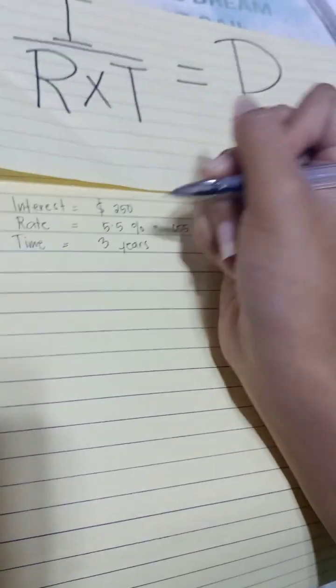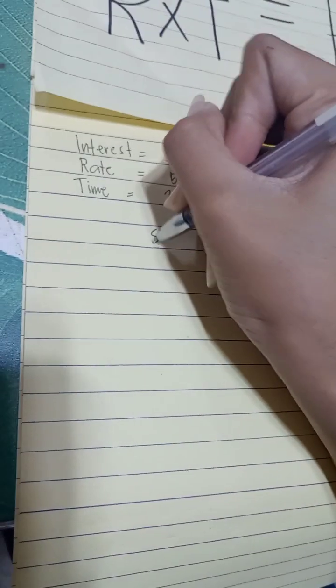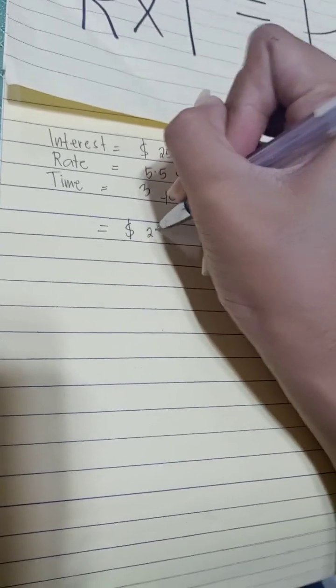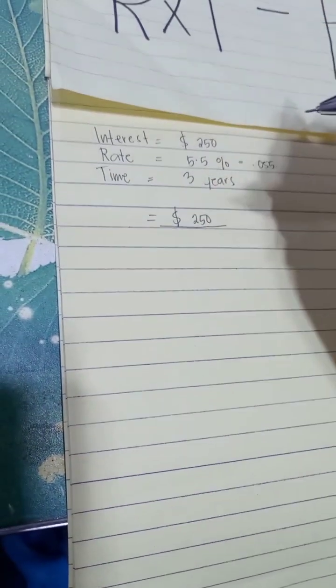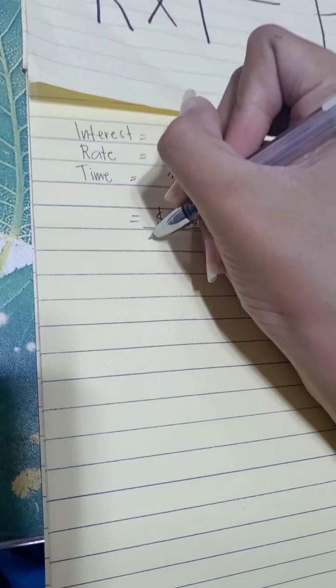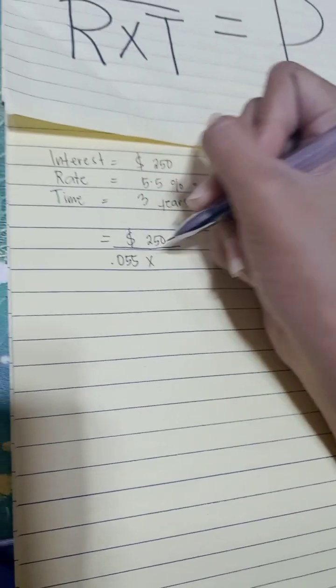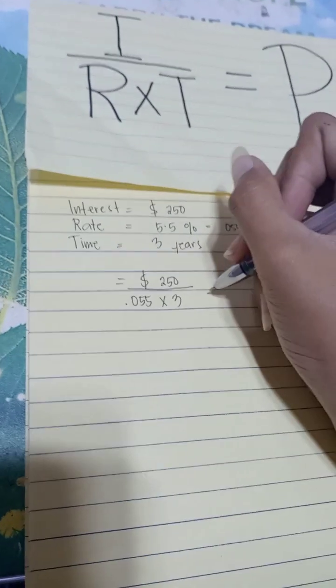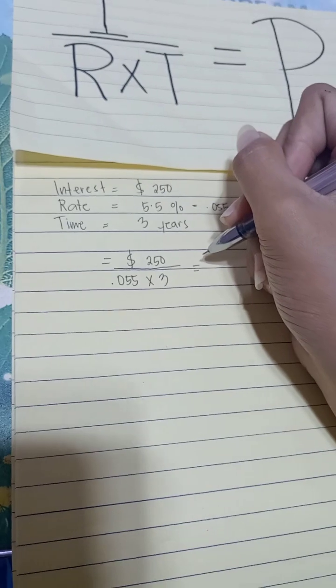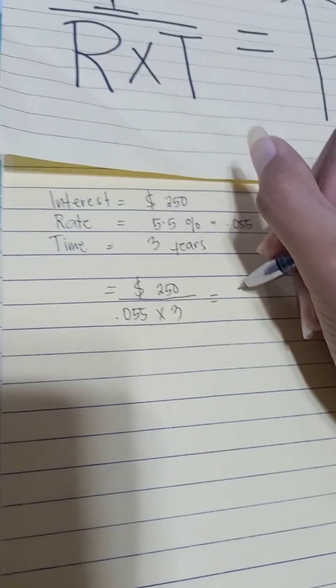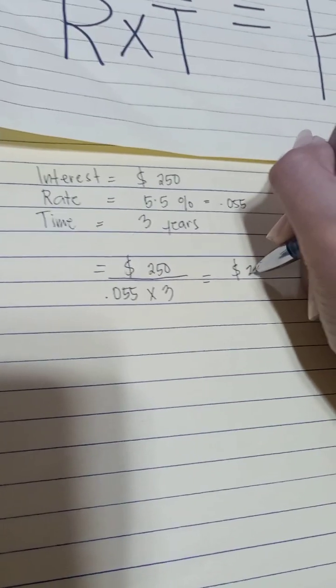So to solve the principal, we must write the interest, which is $250, divided by the rate, which is 0.055, multiplied by the time, which is 3 years, equals $250.